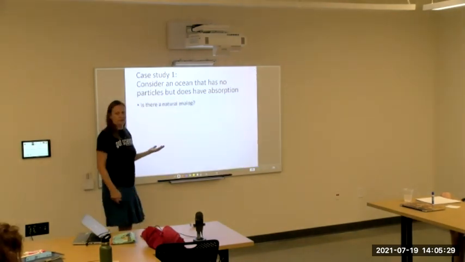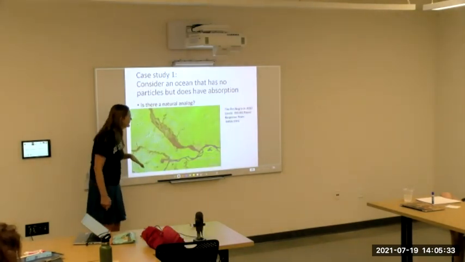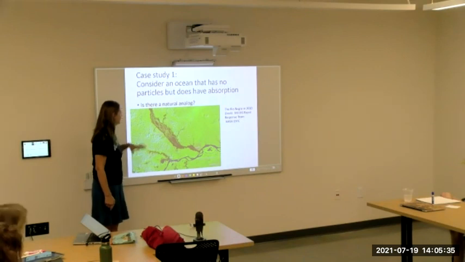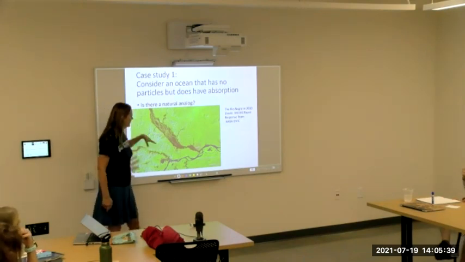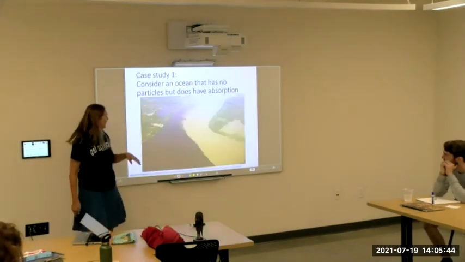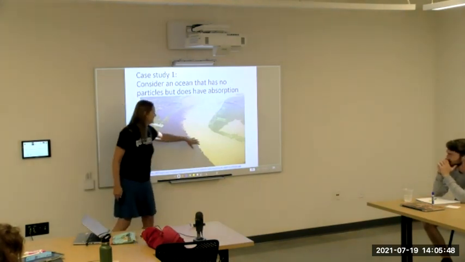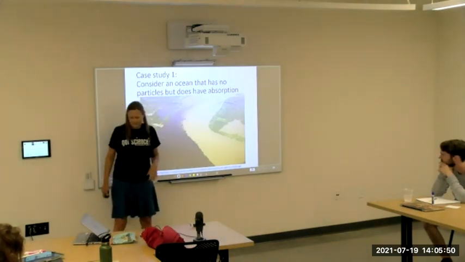So, is there a natural analog? Yes, of course. There's this really great place, the Rio Negro. This is an image from NASA, where these two rivers come together near Manaus. This is the Rio Negro, and this is, I think, the main stem of the Amazon.